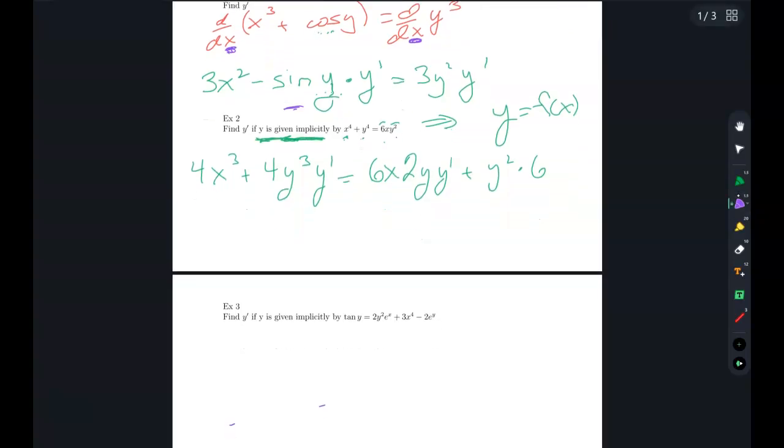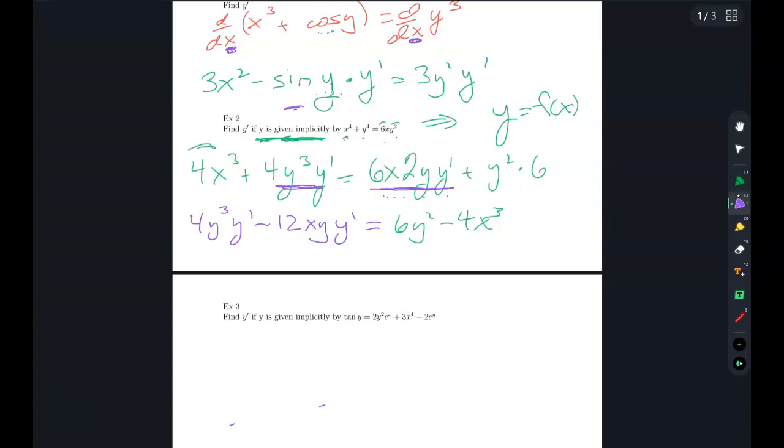So identify the y prime terms. This big guy and this big guy, those are y prime terms. I'm just going to choose to put them all on the left-hand side. So I'm going to subtract this one over. I'd have 4y cubed y prime minus 12xy y prime. And then I'm going to subtract this to the other side, so I'd have 6y squared minus 4x cubed.